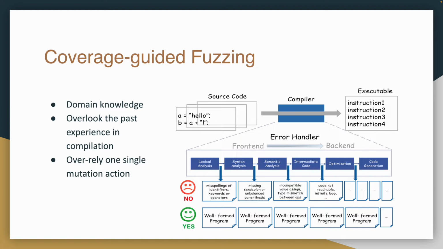And those inputs with only one mutation can be rejected by lexical or semantic checks in the early stages of compilation. But a series of mutations may trigger a giant improvement, as it may increase the possibility of generating more diverse input programs to enhance the code coverage of the compilers.